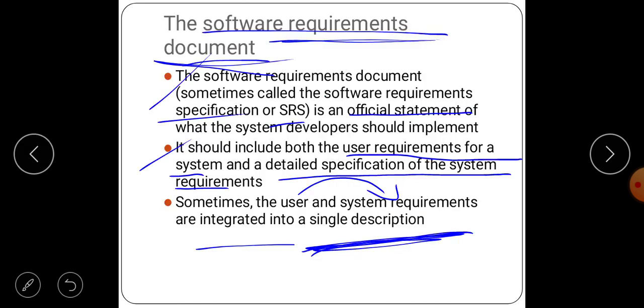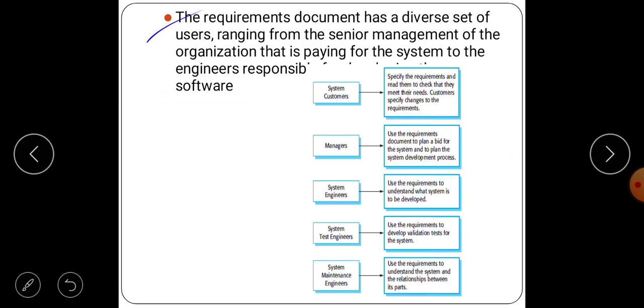This requirement documentation is read by some set of people. Who are that set of people? We are going to discuss. One is the system customer, second is managers, next is system engineers, system test engineers, and system maintenance engineers. These are the people who are going to read the software requirement document.